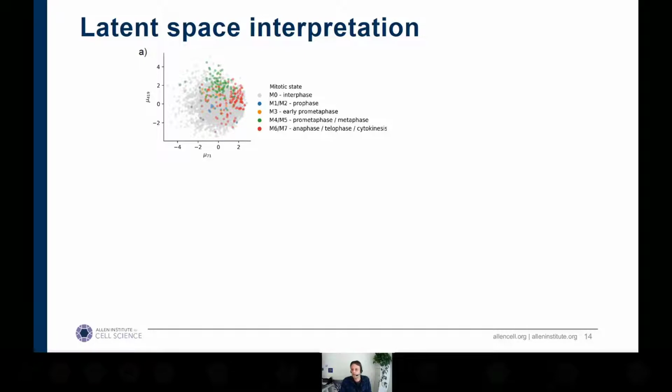Here we are looking at the two most informative latent space dimensions, mu71 and mu419, and each cell is plotted as a point in this two-dimensional space. If we color these points by their mitotic state, the cells in various mitotic stages nicely stratify based on these two dimensions. It's perhaps important to mention that about 5% of our cells are undergoing mitosis as we take a picture of them.